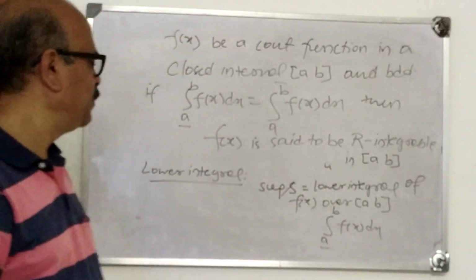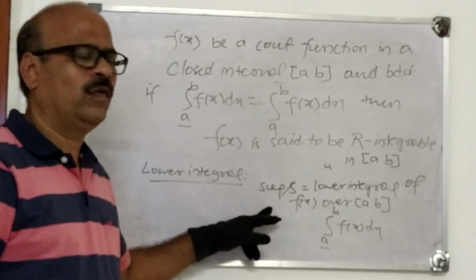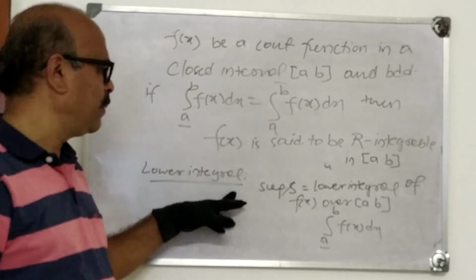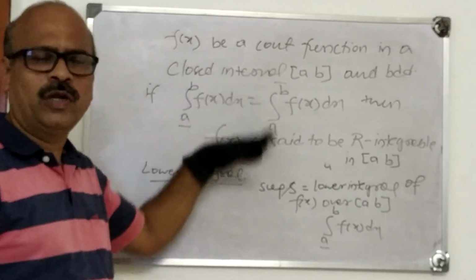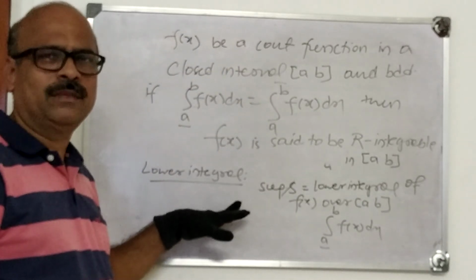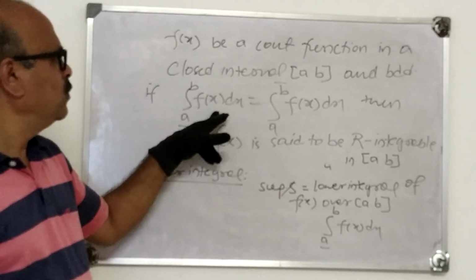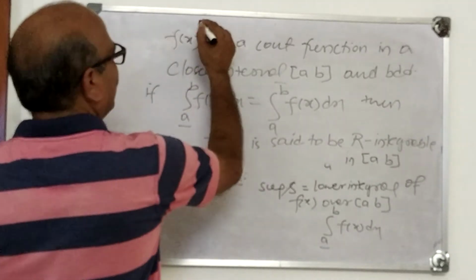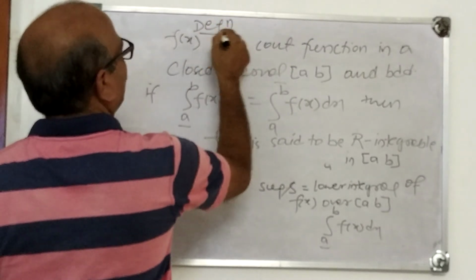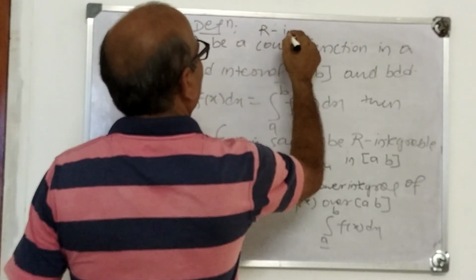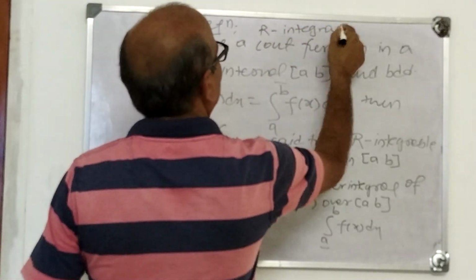So how to define? First we have defined what is lower integral and upper integral. For that we required upper and lower sums. That we have defined. Then we have defined what is upper integral and lower integral. Now see the Riemann integral definition.